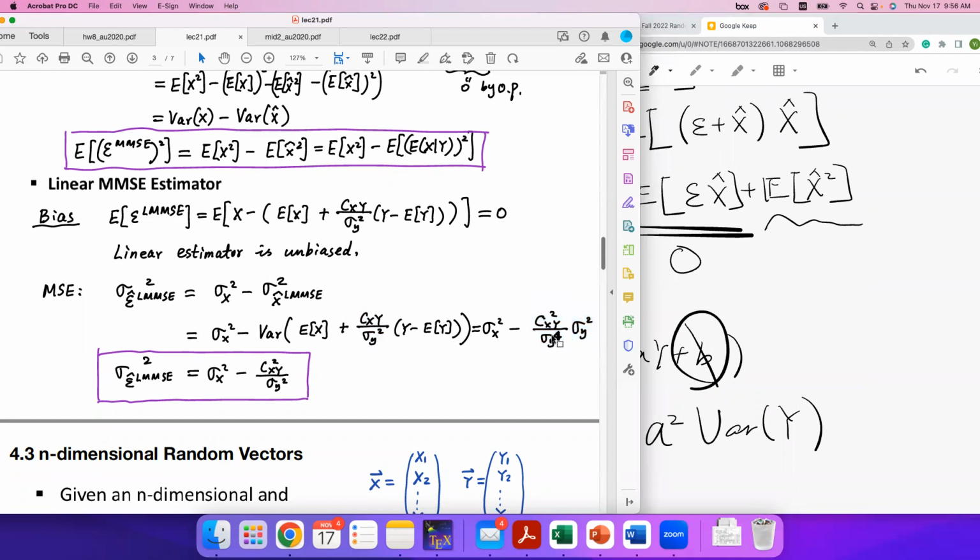And you simplify that, these two can be canceled. You get this mean square error.